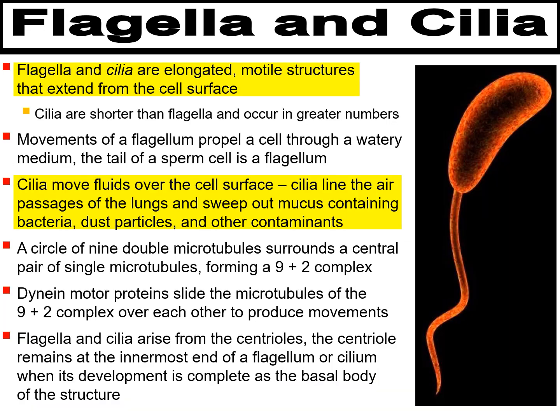Flagella and cilia are two eukaryotic structures that play a role in cellular motility and nutrient acquisition. Flagella are whip-like structures, and cilia are short hairs that typically surround the cell.